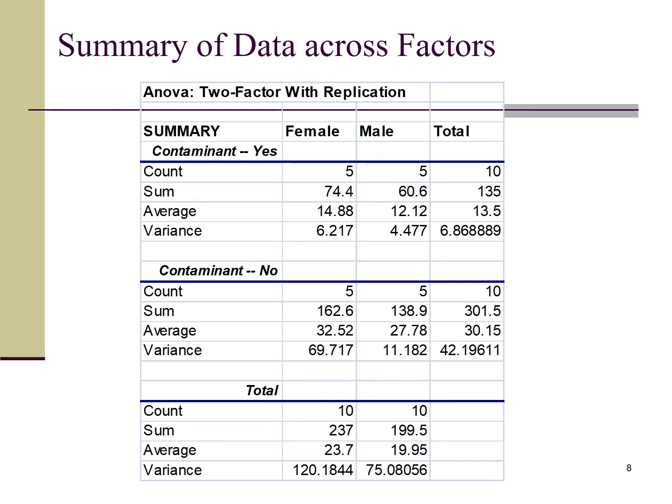And immediately what you can see is that it appears as if the existence of the contaminant has, just in absolute terms, reduced the growth rate. So we have like 14.88 and 12.12 millimeters per year growth rate for contaminated salamanders, and 32.52 and 27.78 millimeters per year growth rate for non-contaminated salamanders. So you eyeball it, you can't help yourself.